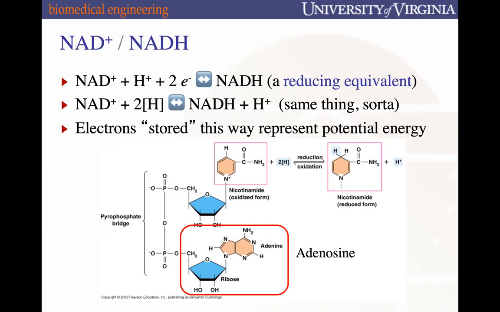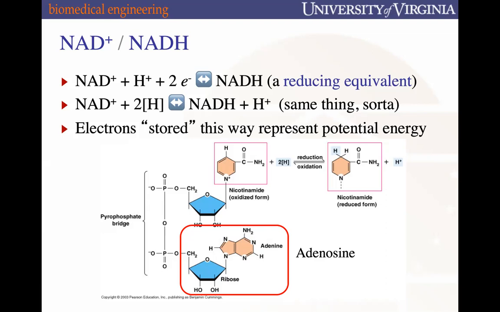It's the same thing fundamentally. This is the way that electrons will be stored as a form of potential energy, because they carry energy with them that will have downstream consequences for the production of large amounts of ATP.